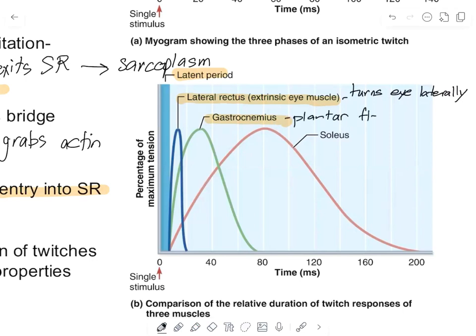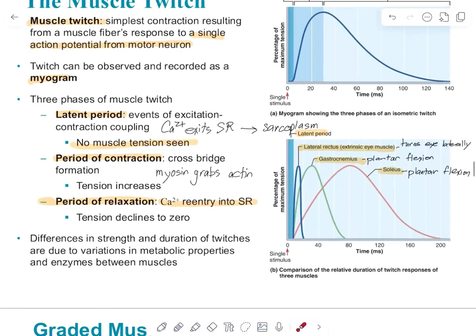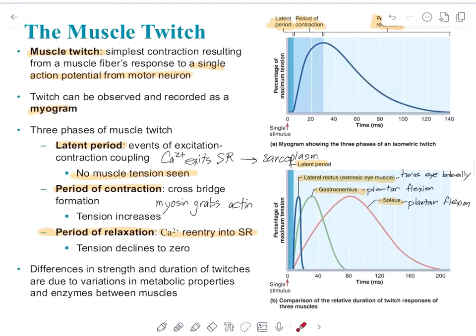It's responsible for plantar flexion. The soleus is deep to the gastrocnemius, so it's what's called a synergist muscle, which means it does the same thing as the gastrocnemius, but it contracts a little more slowly. So that's an example of the difference in the stimuli actually getting to the muscle itself.